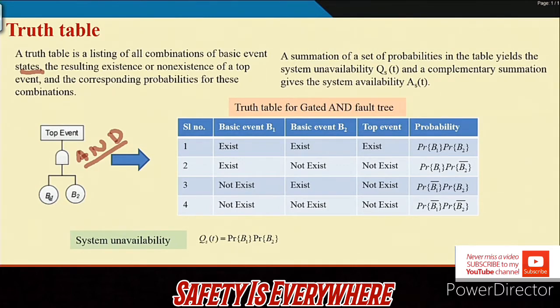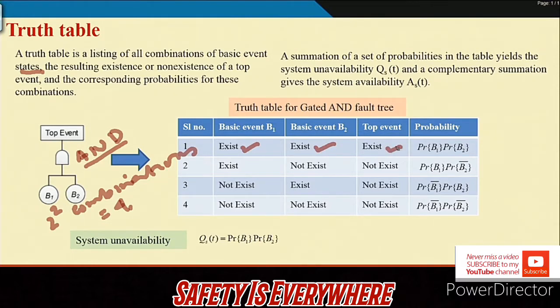From the components' point of view, either the component failure exists or does not exist. So, because of two components, we will have 2 to the power 2 combinations, which is 4 combinations. The first one is basic event B1 exists, B2 exists. If both B1 and B2 occur, then the top event occurs.